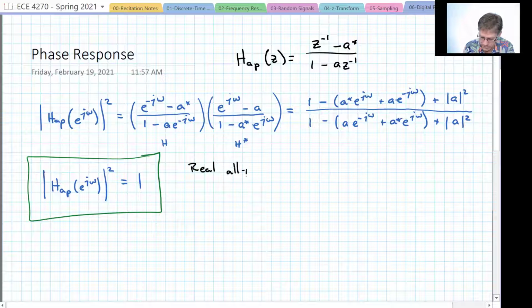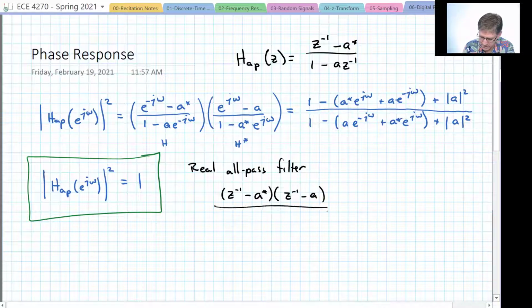So the all-pass filter would give us z^-1 - a* times z^-1 - a, over 1 - a z^-1 and 1 - a* z^-1.